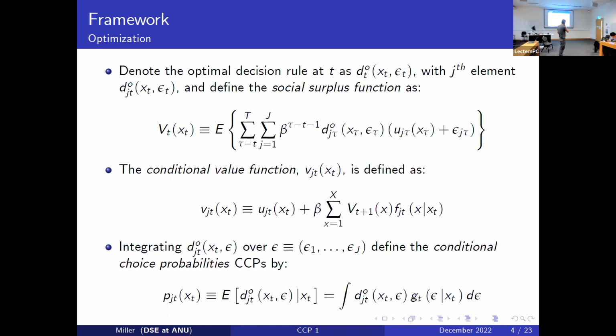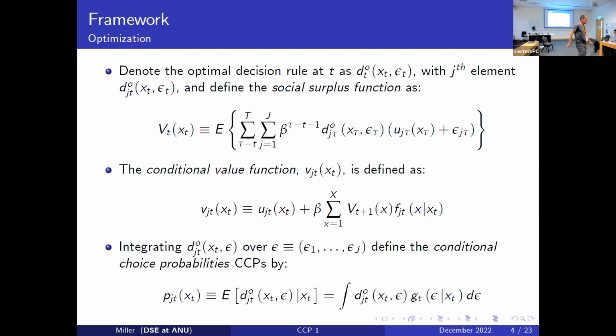So the value function is defined for the decisions that they're making now, given that they're optimal. And we define the conditional value function as just being the systematic part of utility that ultimately we're going to estimate for the current stuff, plus next period's value function discounted by beta.